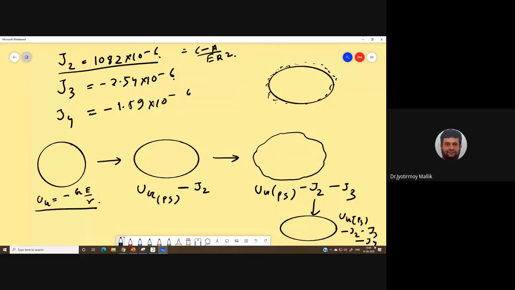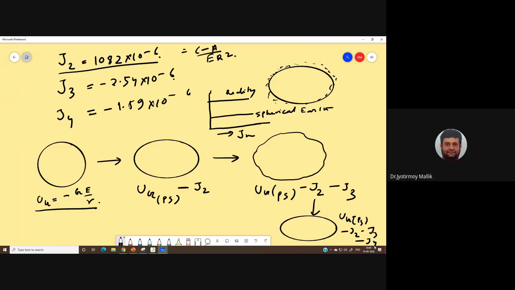If I just simply draw, suppose this is my reality, and this is my spherical Earth, and here I am increasing the number of J, I mean, the coefficient of J is increasing.